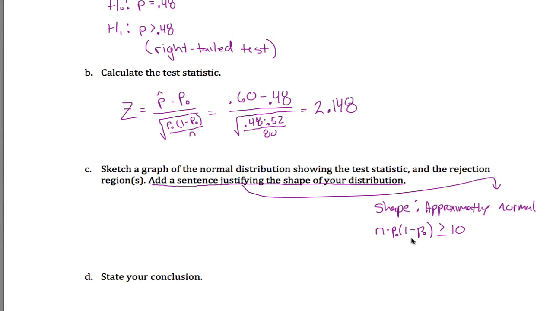I just did it on my calculator and found that this is 19.968, and sure enough, that's greater than or equal to 10. So my shape is approximately normal. Good, I can do this problem.